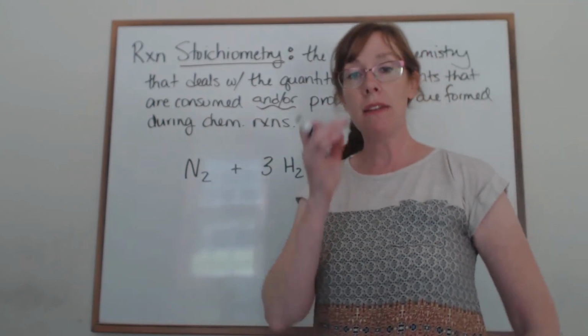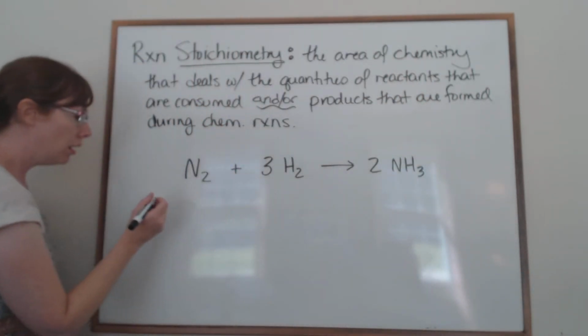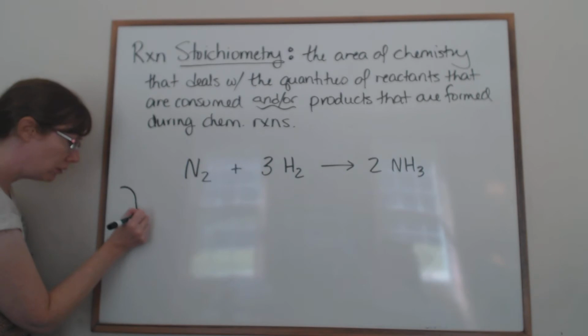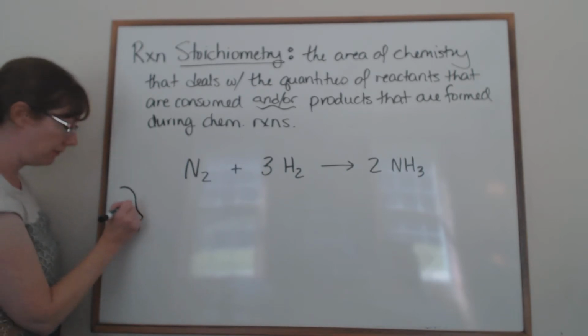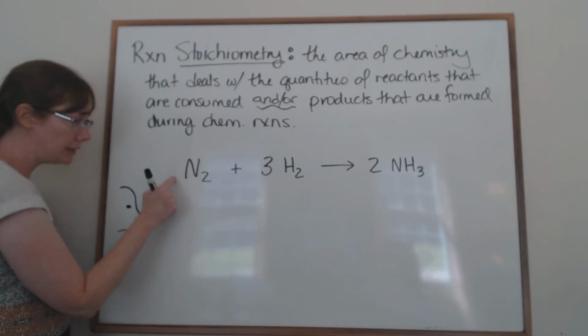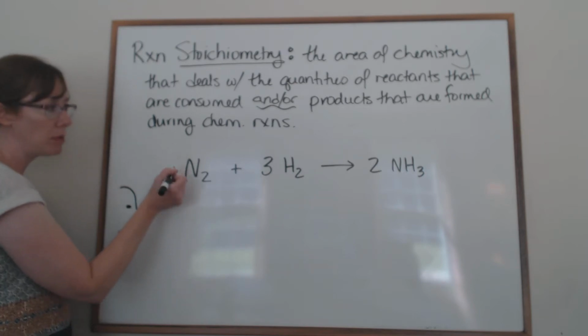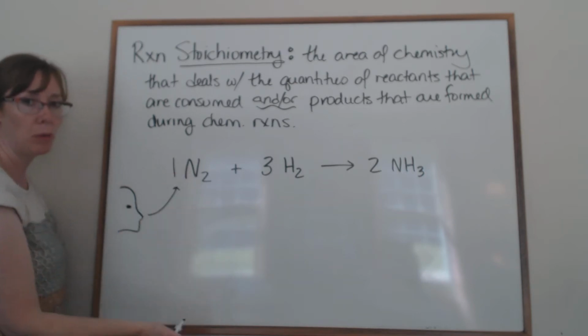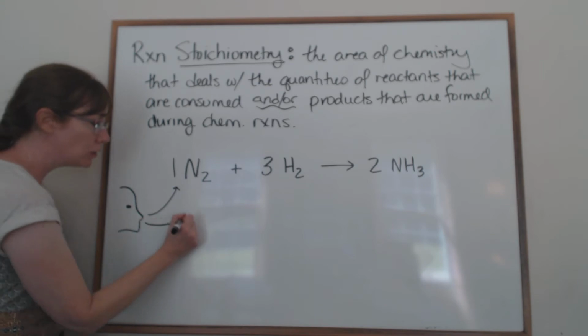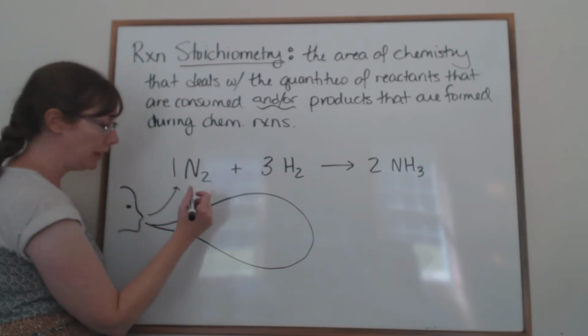So let me give you kind of how to frame this in your mind. So this is you. When you're reading this chemical reaction, okay, there's really 2 ways to kind of think about the coefficients. Okay, remember this means a 1. So I'll just put a 1 there for now. There's really two ways to read it, like doing a thought bubble here.